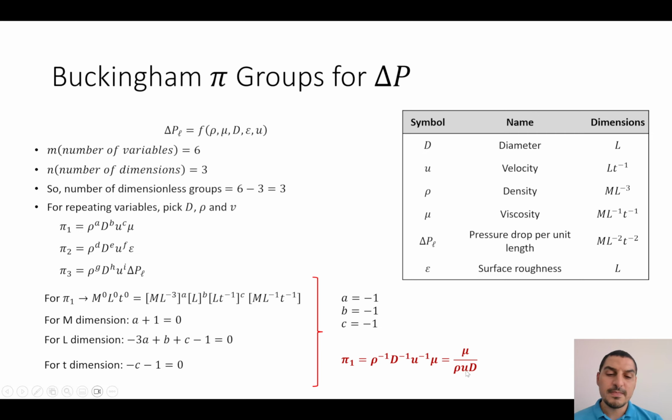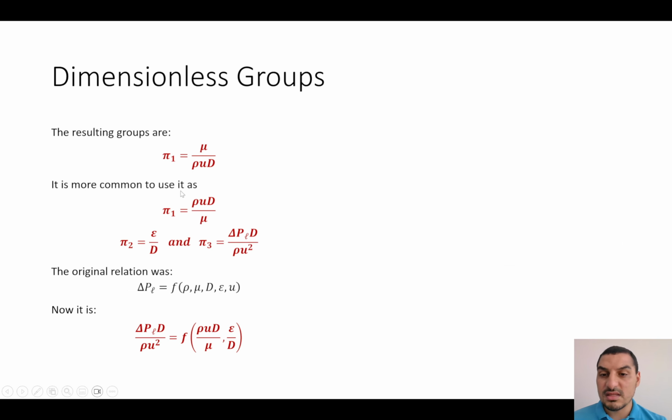So it's not necessarily that the process produced mu over rho u d and we must go with it. What we use is rho u d over mu, and the reason for this is that mu over rho u d will have very, very small values. It's going to be from 10^-6, 10^-5 to 10^-1.